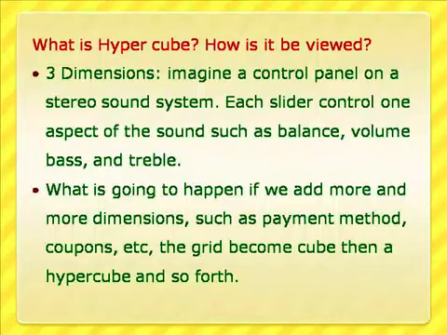Any number of dimensions can be added. Therefore, there is no physical metaphor for more than 3 dimensions. That is the reason why we should think in an abstract sense. Is it clear? This is how we should interpret the concept of a hypercube by generalizing from one dimension to two dimensions, three dimensions, and beyond three dimensions.